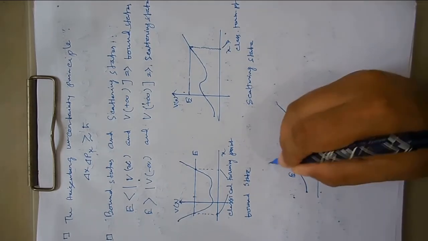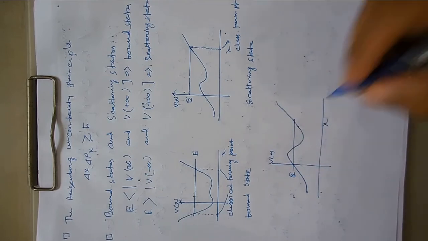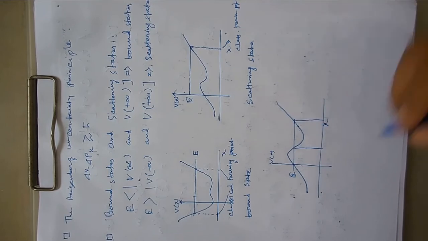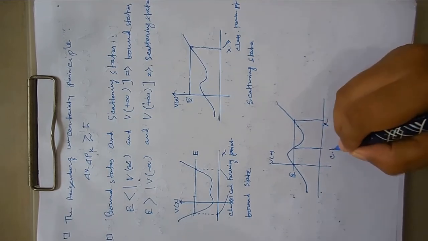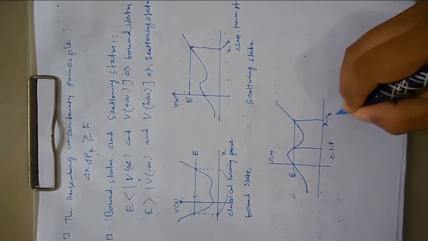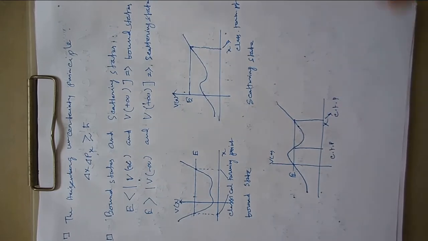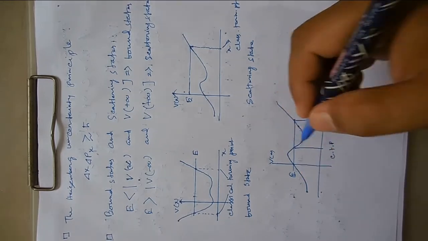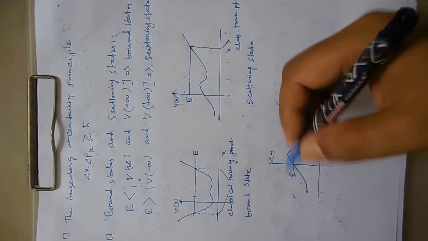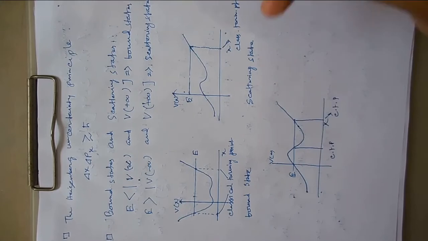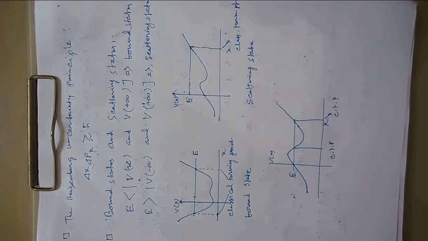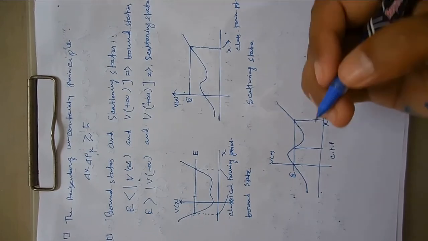This is the energy, this is the potential, and this is x. Now these are the classical turning points, and this is also a classical turning point. Here, with some condition, a particle can leak through this potential region. That special phenomenon is called the tunneling effect.